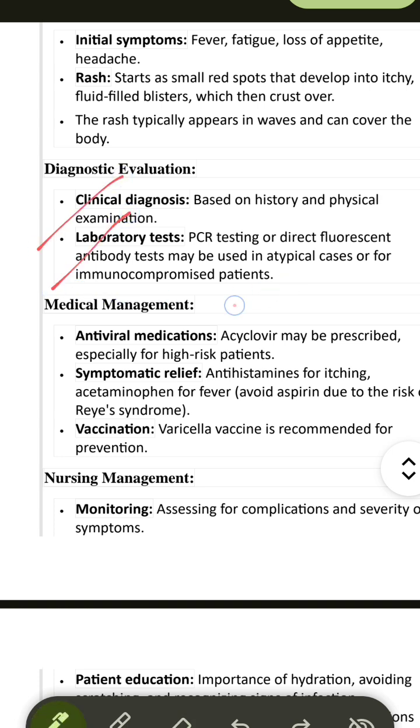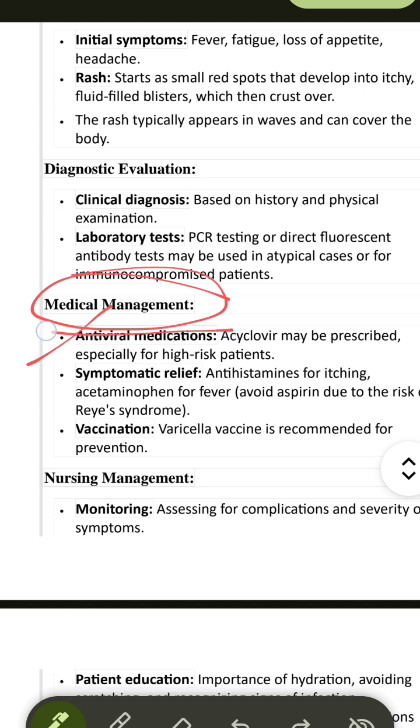Next we'll move on to the medical management. In medical management, we will provide antiviral medications, because chickenpox is caused by a virus, the varicella zoster virus.